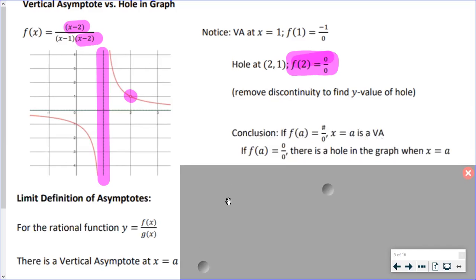So we can conclude that if you're plugging in a certain x value into the function and you get a number over 0, in this case, that value of x is a vertical asymptote. However, when you're plugging in an x value and you get 0 over 0, an indeterminate, that indicates that there is a hole in the graph.